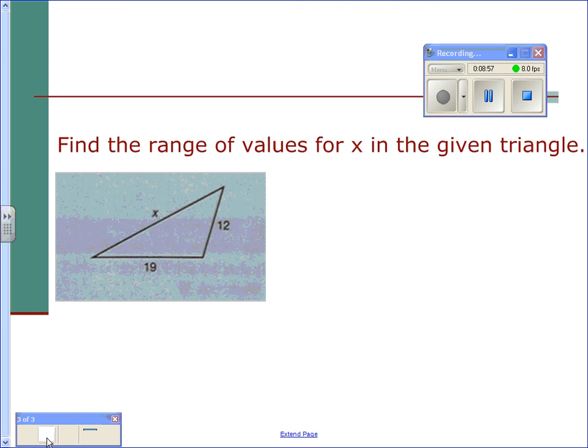Okay. The other type of problem that they like to use on inequalities, find the range of values for x. The triangle is not drawn to scale. It looks like x is the largest side, right? X may be the largest side. It may be the smallest side. We really don't know. Or it could be in between 12 and 19. Does that make sense? If it were the largest side, what inequality would we set up?